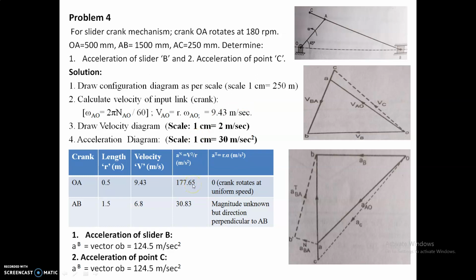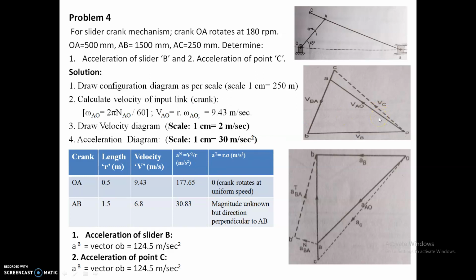So it becomes 177.65. Based on that value you take the scale for the acceleration polygon. I have taken the scale as 1 centimeter equal to 30 meter per second square. So 177.65 divided by 30 means approximately 5.3 centimeter length for crank OA, right?